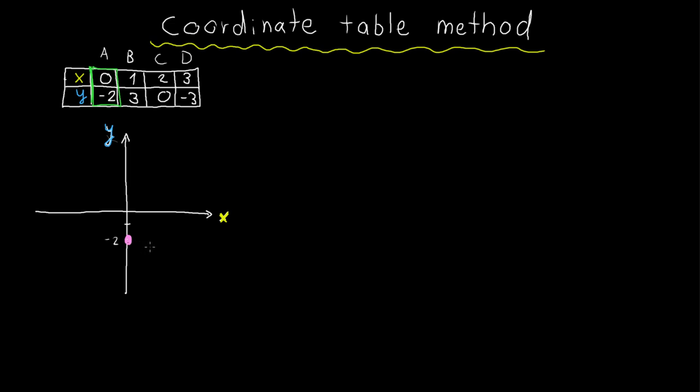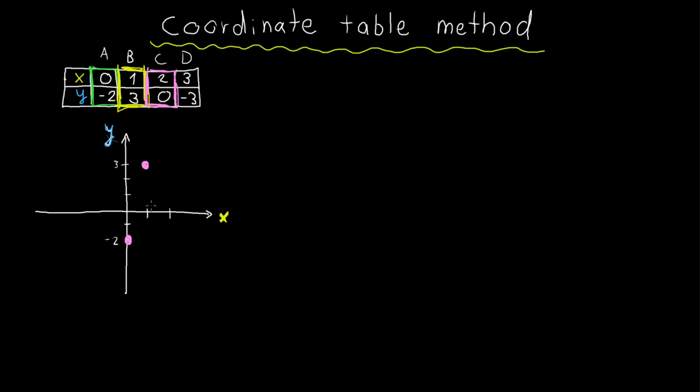The second point, B, is right here. 1 and 3. So we go one step towards the right, and it jumps all the way to 3. So 1, 2, 3, 3. Let's continue to the next point, which goes to 0.